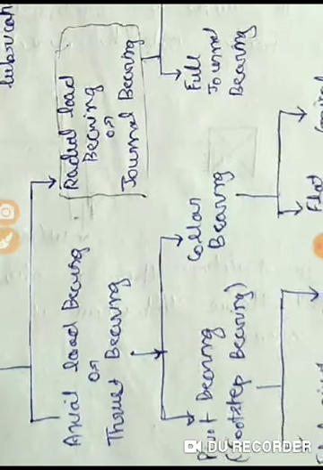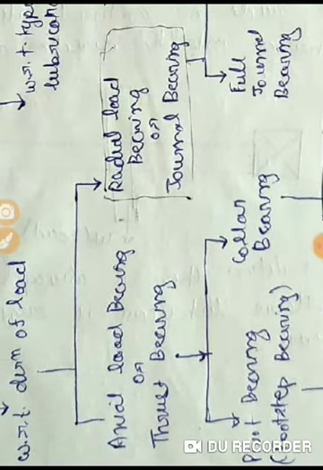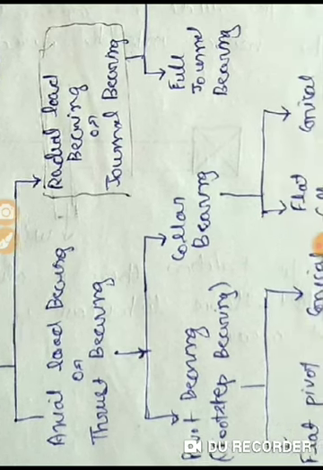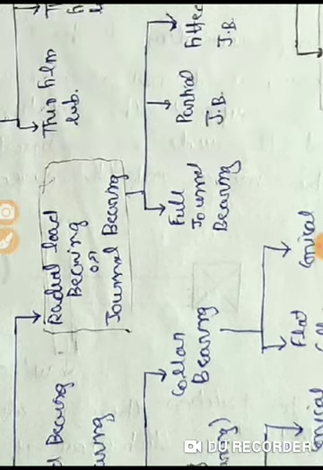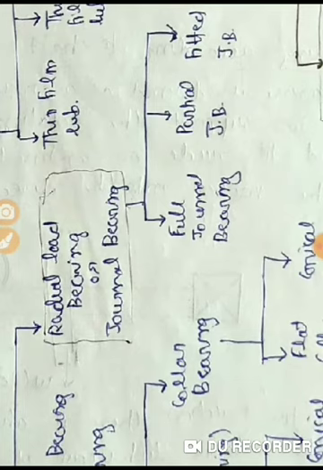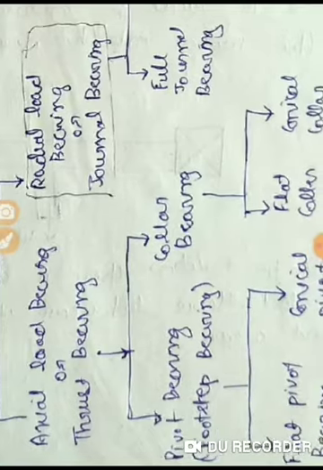With respect to direction of the load, there is the axial load bearing or thrust bearing, and the radial load bearing or journal bearing. Axial or thrust load bearings are further classified into pivot bearing and collar bearing, and radial load bearings are further classified as full journal bearing, partial journal bearing, and fitted journal bearing.